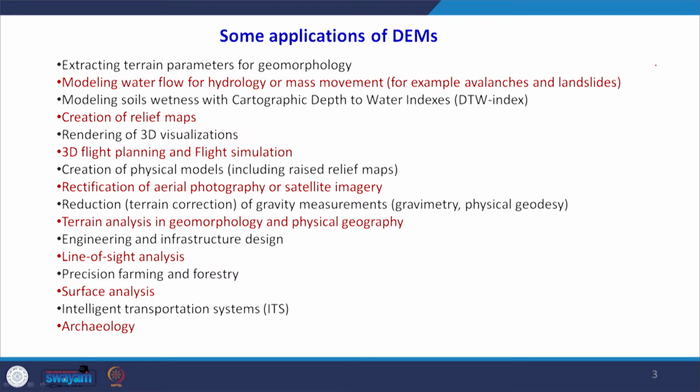Once you have the DEM, you can rectify and create orthophotos from the aerial photograph or from the satellite image. You can also apply terrain corrections to gravity measurements. You can carry out the analysis of the terrain for geomorphological or physical division of the terrain into, let us say, the plain area, the highly undulating area or the moderately sloping area, for things like engineering and infrastructure design.